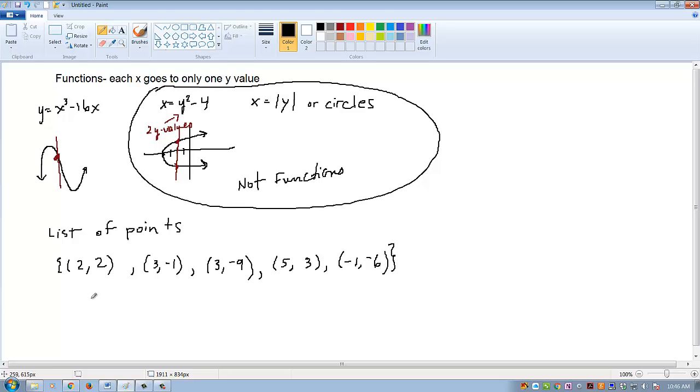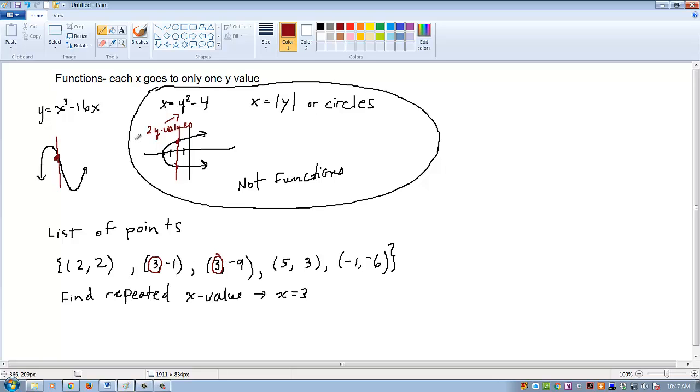Now what I want to do is go through and find any repeated x. If I find those, that's going to tell me what happens. If I look at the list, I can see that x equal to 3 right here is going to be repeated here.